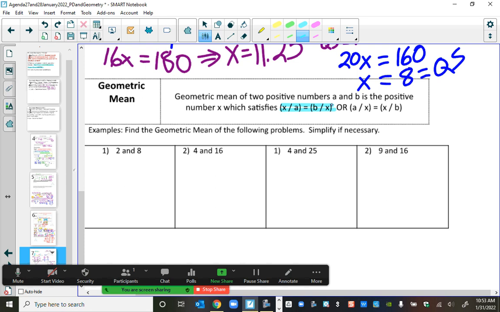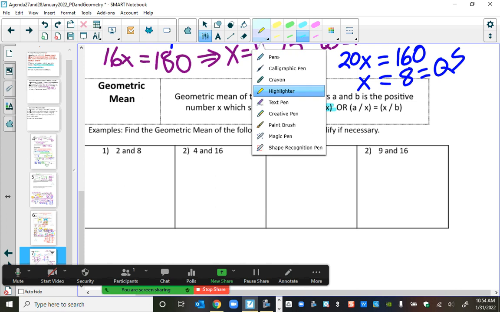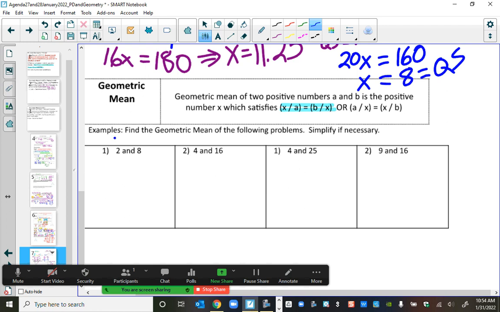Basically, you're going to use either one of these 2 proportions, and you're going to label the following. That's an A, B. You can do that, what I would do, label for all of these. A, B, A, B.